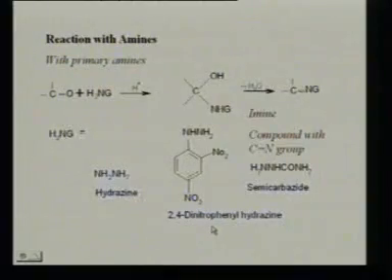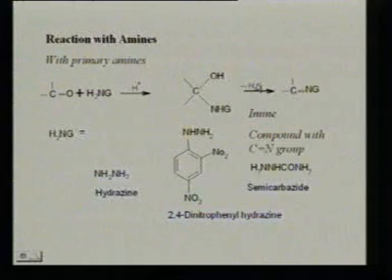Now amines also react with aldehydes and ketones. Primary amine reacts with the carbonyl group to form a carbinolamine intermediate, and this carbinolamine is a little unstable and loses a water molecule to change to the imine.